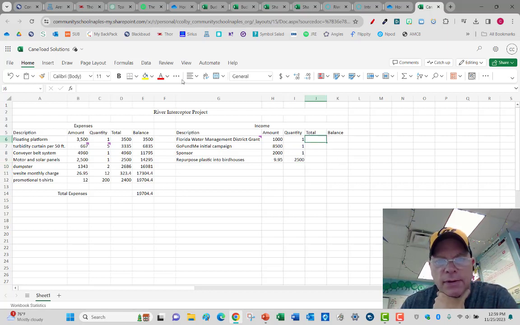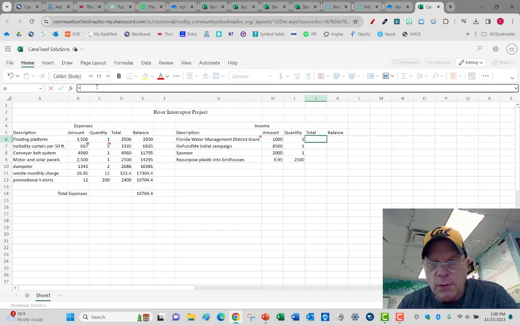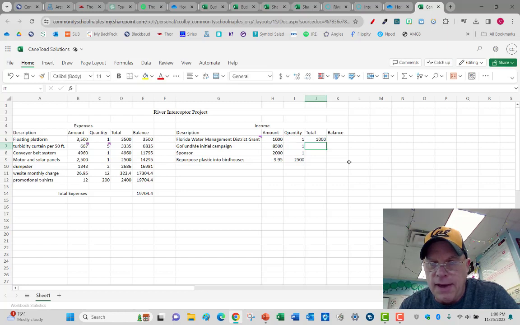Now the Excel functions will work very similar to the functions for expenses. Each total will be equal to the amount of income multiplied by, again, Shift 8 for the asterisk, the quantity. So I earned a $1,000 grant, so that's $1,000. If I found a second grant, it would update it to $2,000.